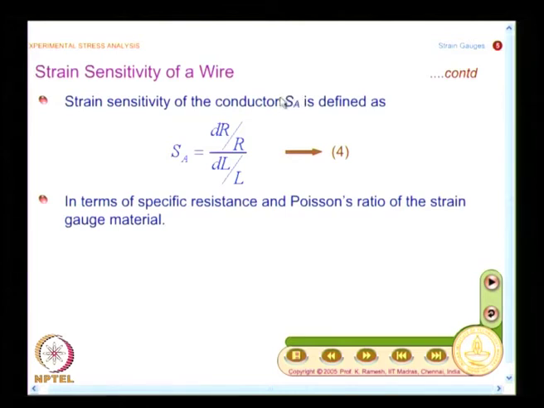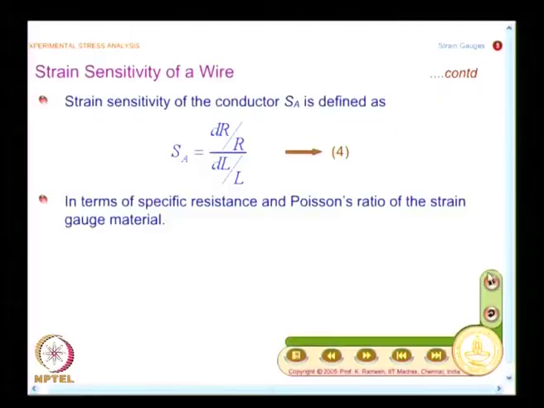Note the way it is written, S suffix capital A, and we define S_A as the ratio of dR by R divided by dL by L. So, if I am going to have a strain and S_A is around 2, you are going to measure changes in resistance of the order of micro ohms. So, you are really looking at very small changes, never forget that.